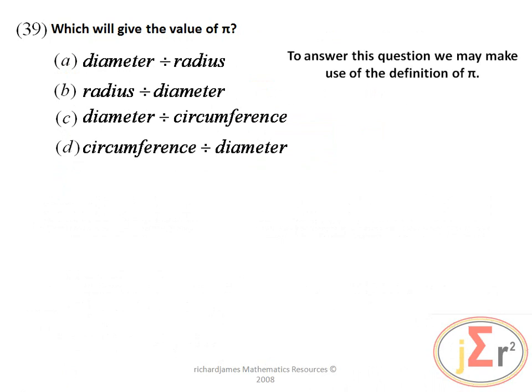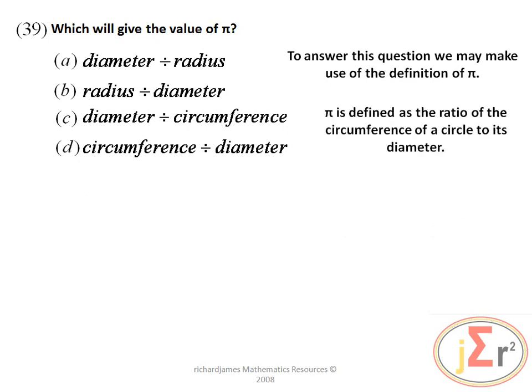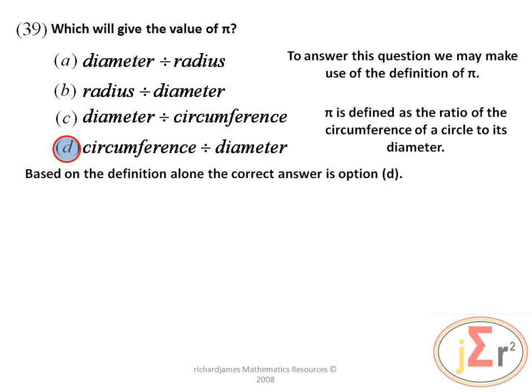To answer this question, we may make use of the definition of pi. So, what is the definition of pi? Pi is defined as the ratio of the circumference of a circle to its diameter. So, based on the definition alone, the correct answer is option D, circumference divided by diameter.